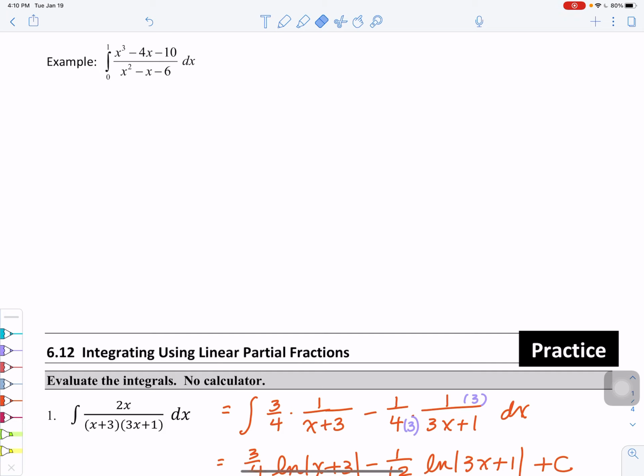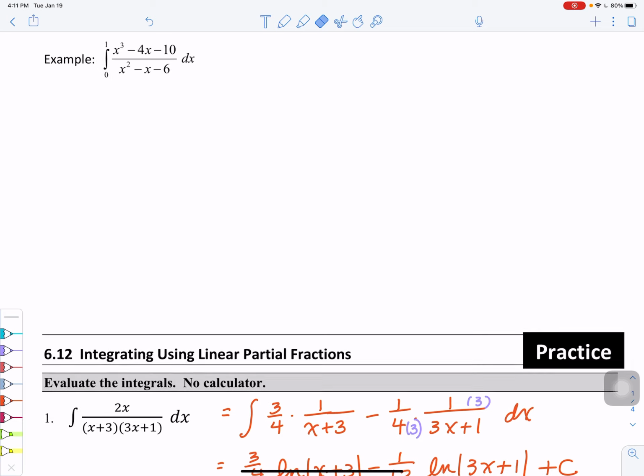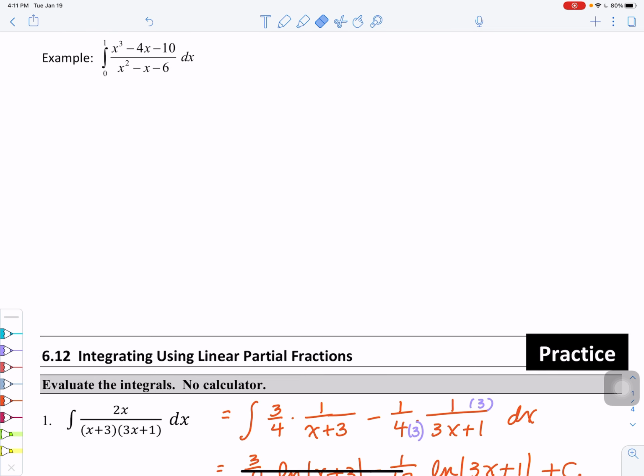Now, with this one, we're going to use long division because our divisor is not of x minus a form. I do want to get set up because I don't want to forget that that's what I need to do after I divide. So let's go ahead and divide.